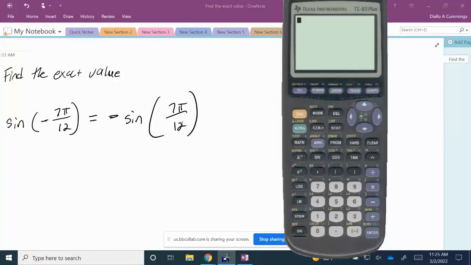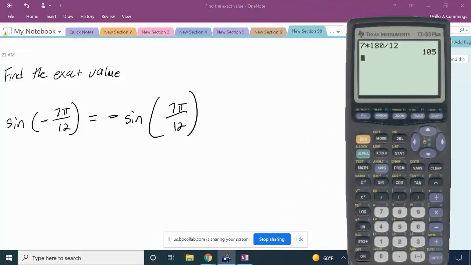So in order to convert 7 pi over 12 radians to a degree measure, I'm going to multiply 7 times pi, and pi radians as a degree is equal to 180 degrees. I'm going to divide this by 12, and we have 105 degrees.